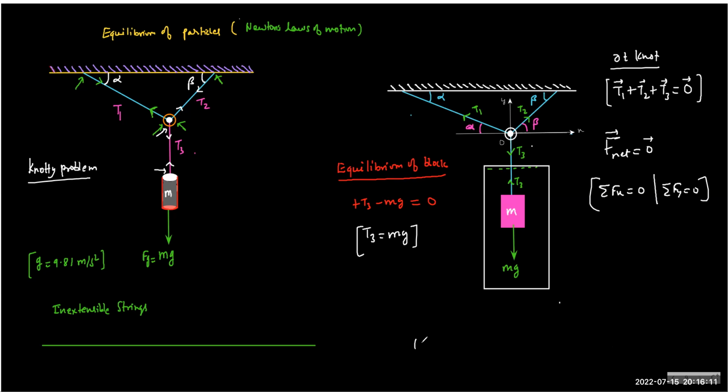So 10 i cap minus 10 j cap, can we write 0 here? No, that's entirely wrong, because they are not the same. We cannot subtract. So if I write something i cap and something j cap is a null vector, when is it possible?